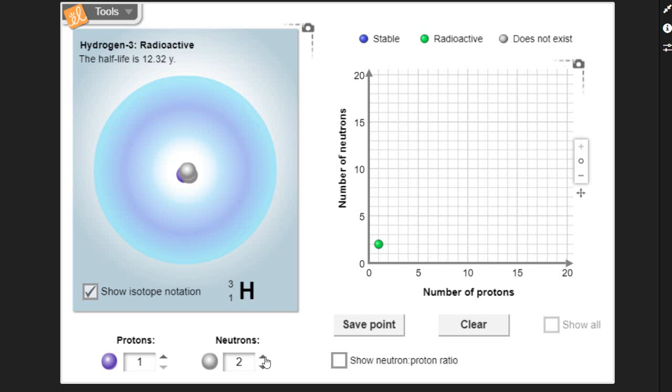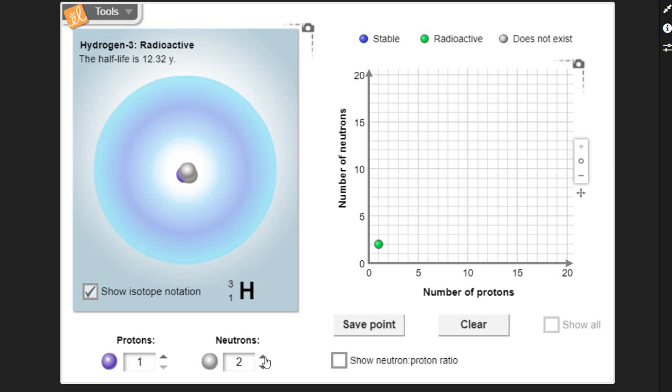Everybody with me? We understand? Yeah. If a neutron is neutral, then how can you make a stable element radioactive? Okay. So, the nucleus likes to have a certain ratio of protons to neutrons.